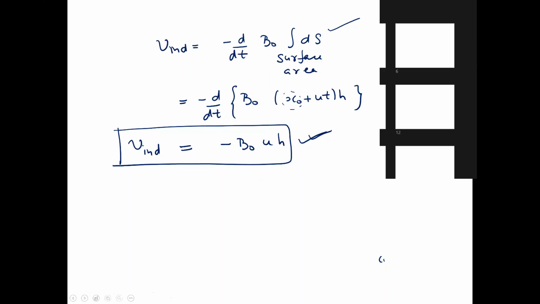Let's continue forward then. Let's do one last example of Faraday's law, and with that we will finish Faraday's law. In this example, both transformer and motional EMF.